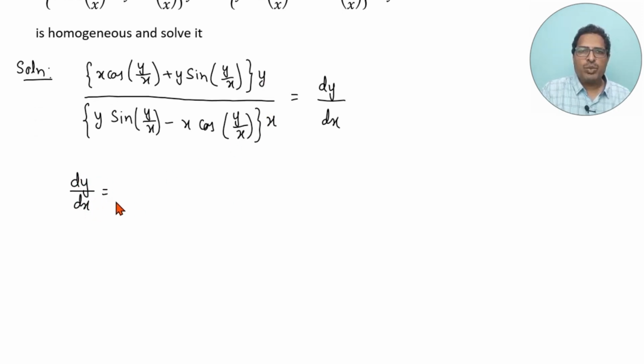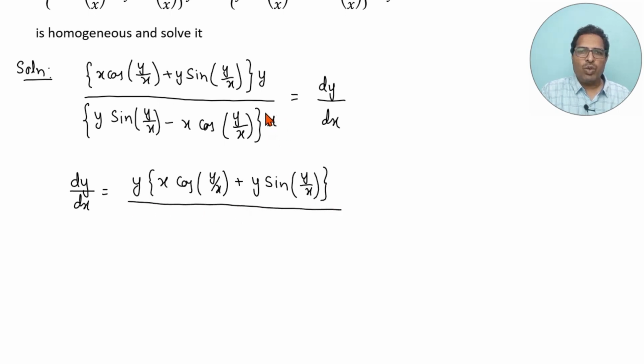y times the entire expression that you have, that is x cos(y/x) + y sin(y/x), whole divided by, again in the denominator, x times the complete expression, y sin(y/x) - x cos(y/x).